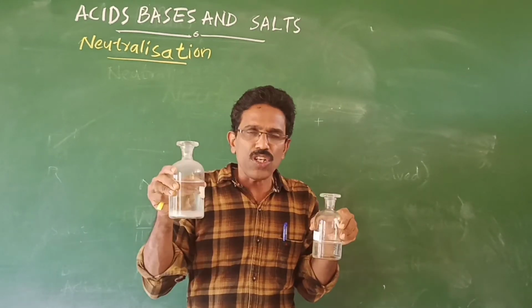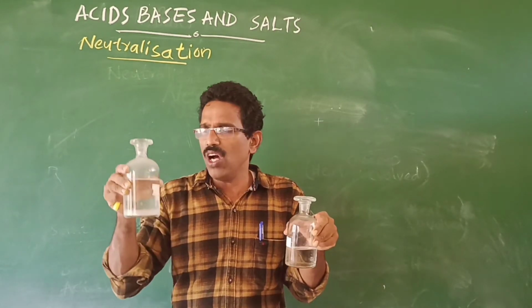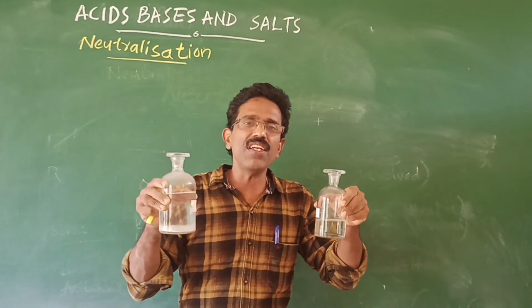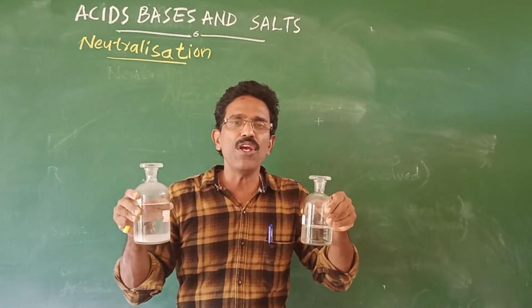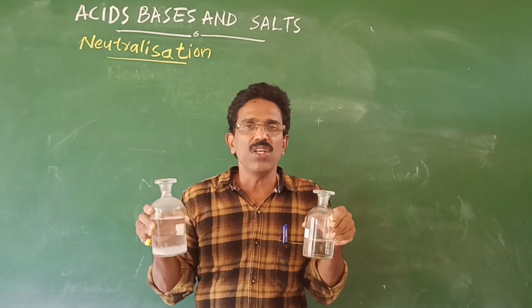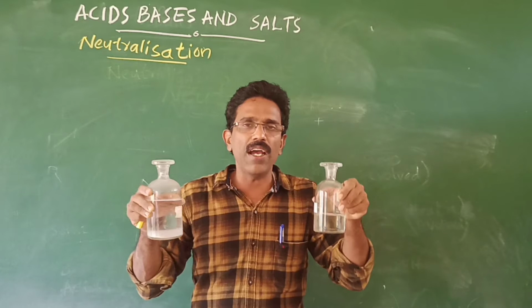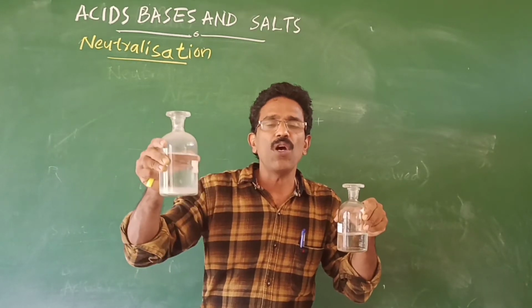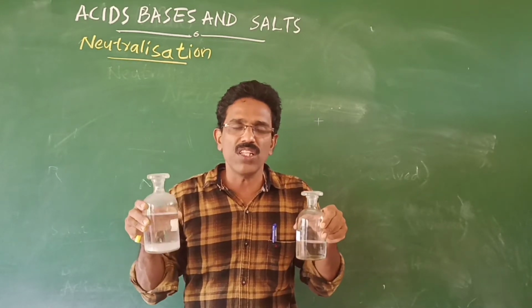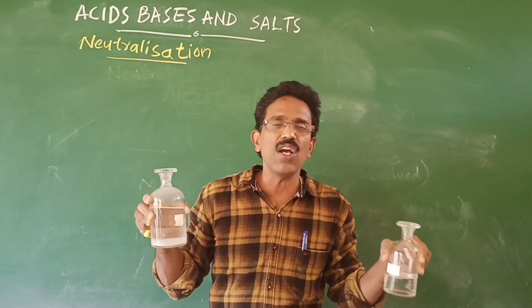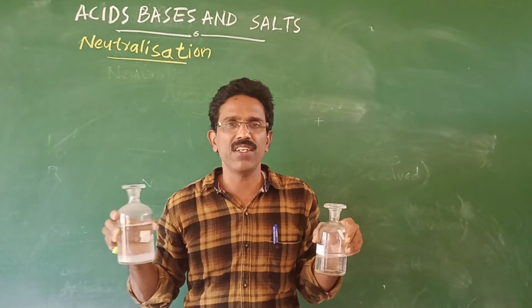When we mix a suitable amount of acid and base, the resulting solution will be a neutral solution. The acidic nature of the acid is lost and the basic nature of the base is also lost. The resulting solution will be neither acidic nor basic.